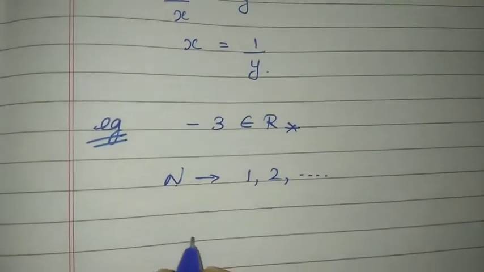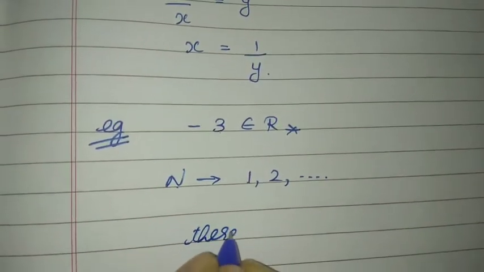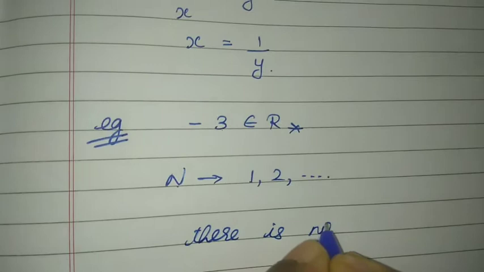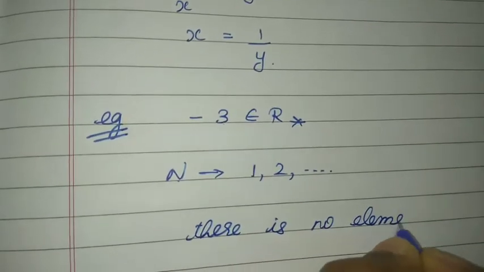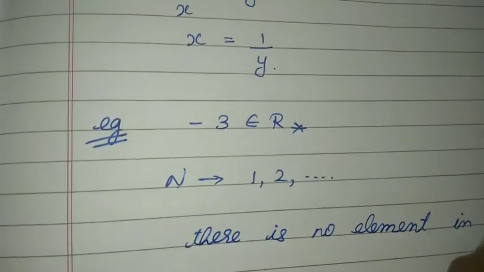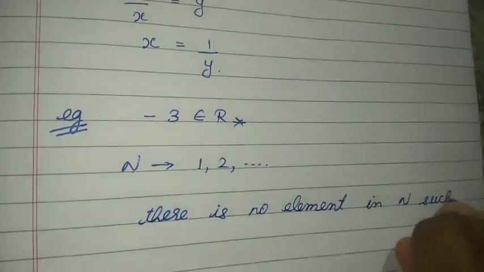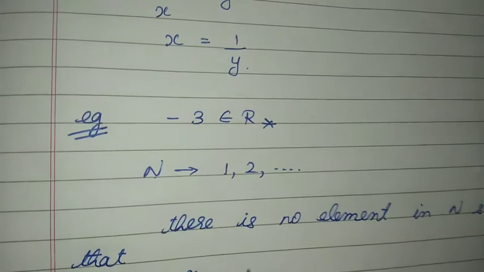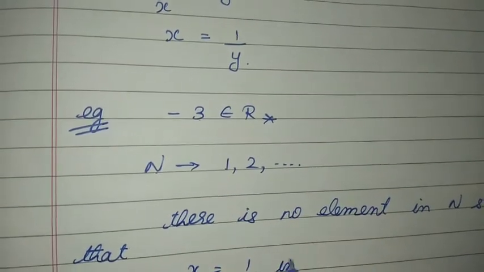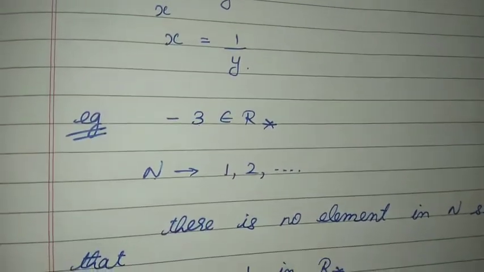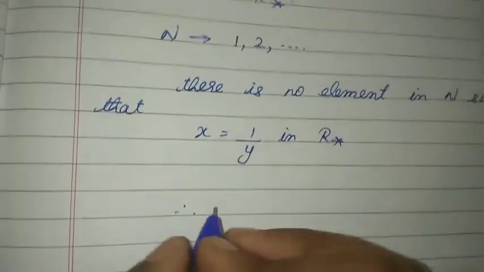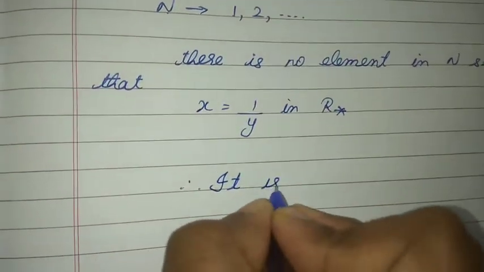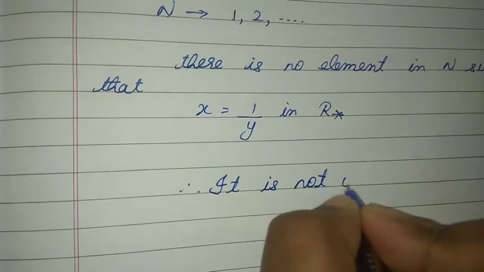Therefore, there is no element in N such that x is equal to 1 by y in R star. Therefore, it is not onto.